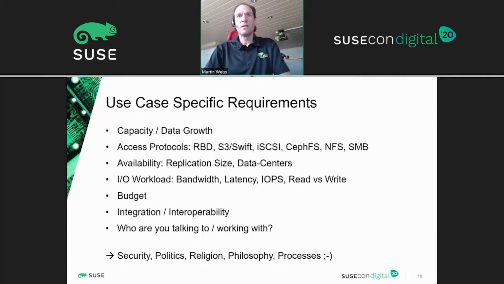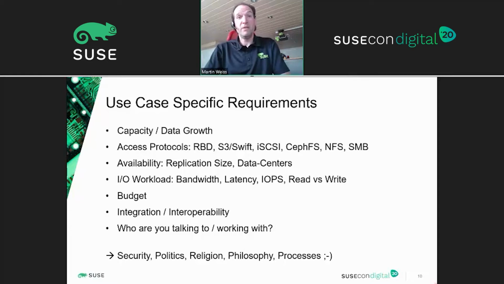Etc. Then we have to think about who are we talking to, because if we are talking to the server people, they might have one set of requirements. If we're talking to the storage people, we might have another set of requirements. So we need to understand who are we talking to and who has which requirements, and basically we might have to balance them, because the server folks might have different requirements than the storage folks.